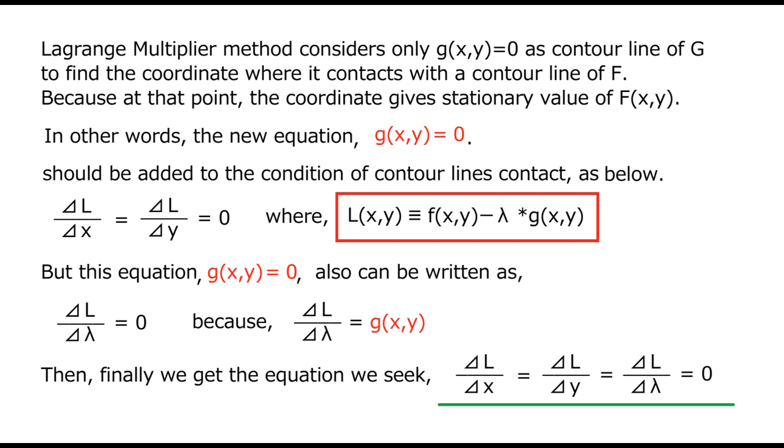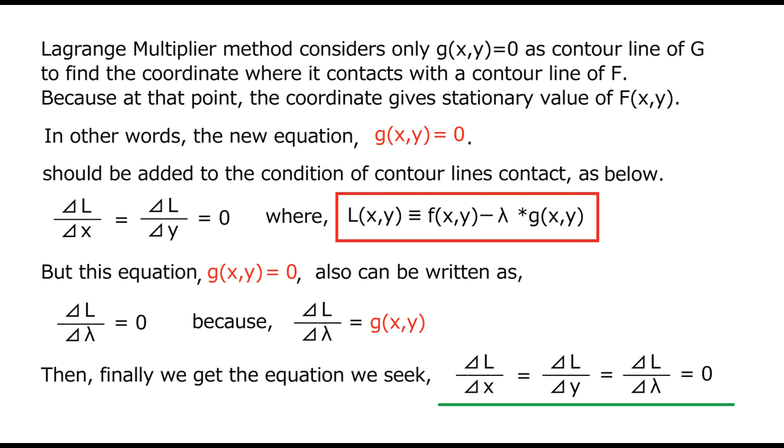Needless to say, on the line of g(x,y) equals 0, the value of lambda times g(x,y) equals 0 and does not change even if lambda changes, because lambda is a coefficient to have an effect to let curved surface G merely expand in z direction. For such a reason, del L del lambda equals 0 is equivalent to g(x,y) equals 0.